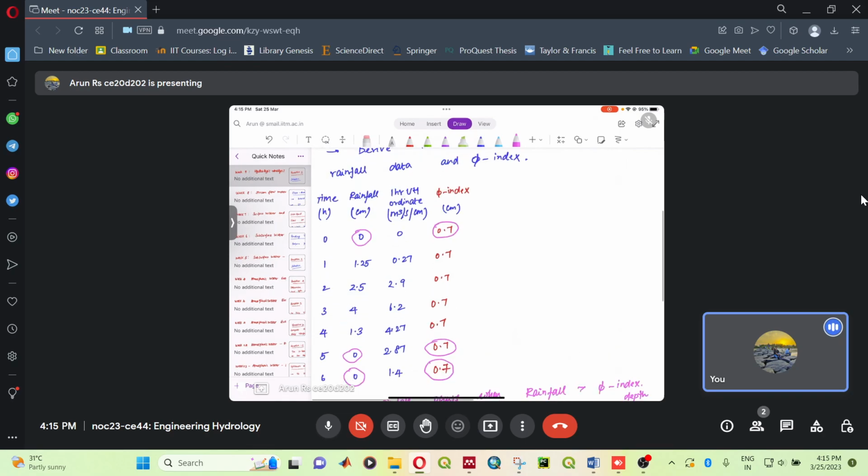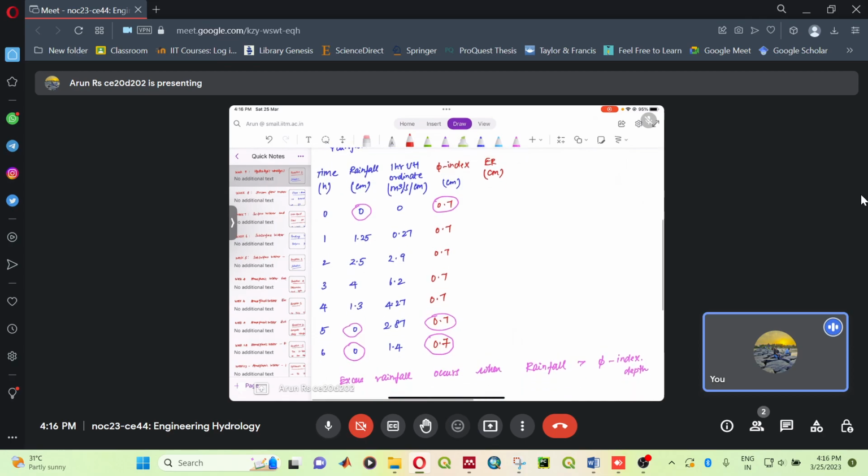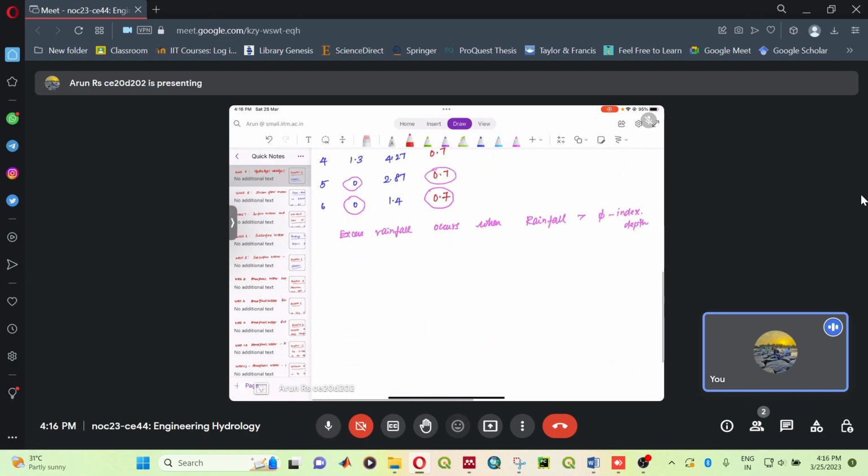So the next column will be the excess rainfall. I am terming it as ER, that is in centimeters. So that is rainfall minus phi index.